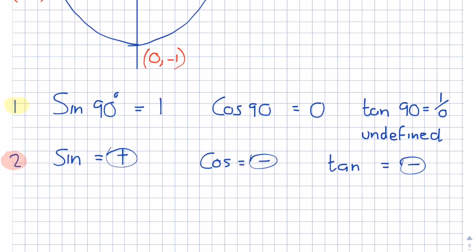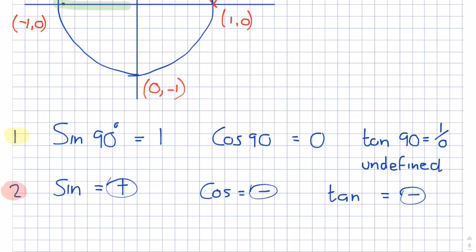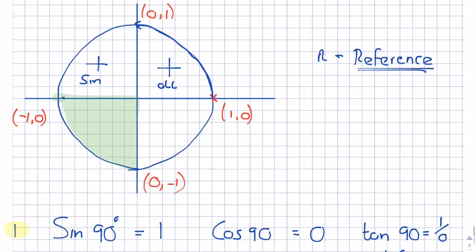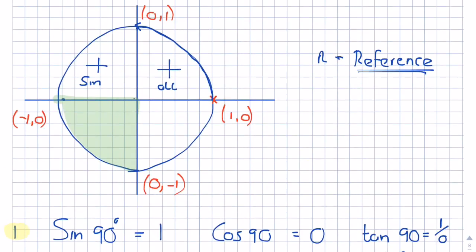Now let's have a look at quadrant 3. We'll do that in green. So, quadrant 3. Well, no matter what the angle, let's just draw ourselves an angle.